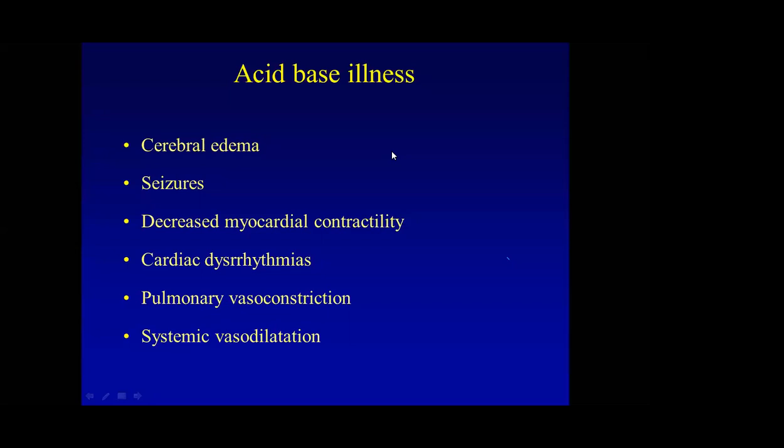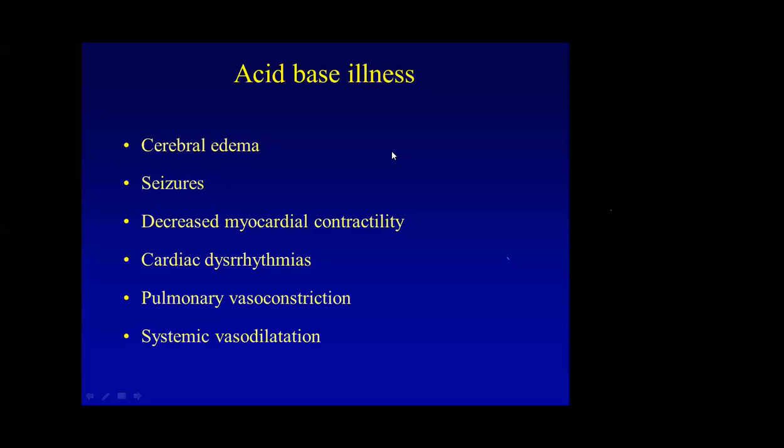But whenever there is a disturbance, what happens in our body is, cerebral edema can happen. It can involve any part of the body. Patients can have seizures, and there is an effect on the heart based on carbon dioxide levels or hydrogen ion levels. It can affect myocardial contractility. And we all know that whenever there is an acid-base imbalance, the potassium levels will also fluctuate.